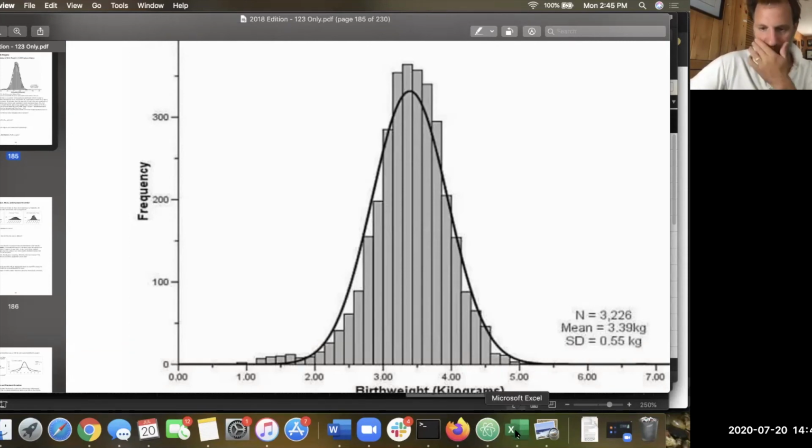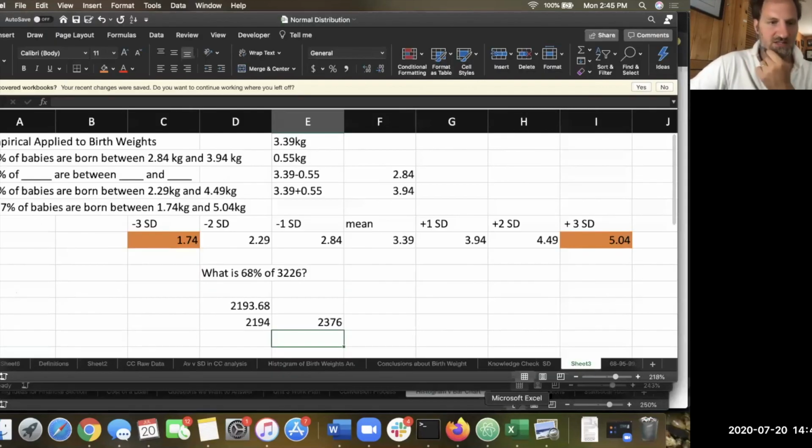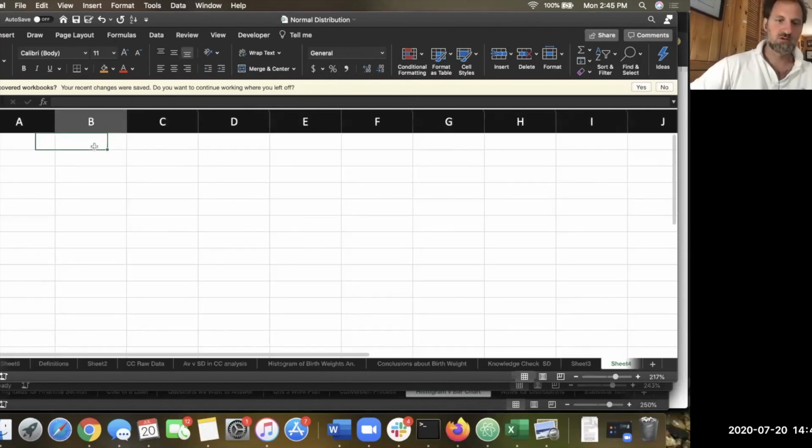Another way that you might be asked to communicate that's not using this empirical rule is using a percentile concept. The percentile concept is one you may run into in the real world if people talk about your baby's height or their weight in the doctor's office.